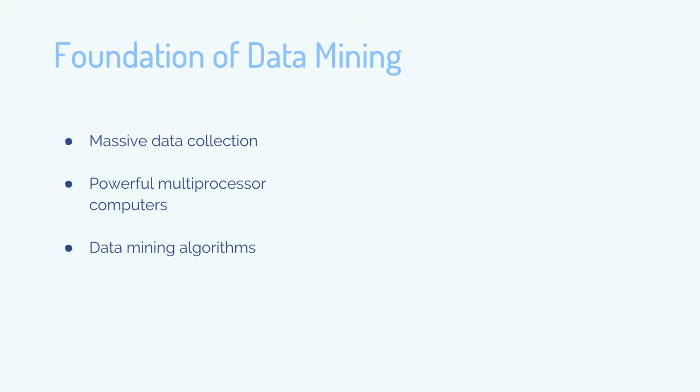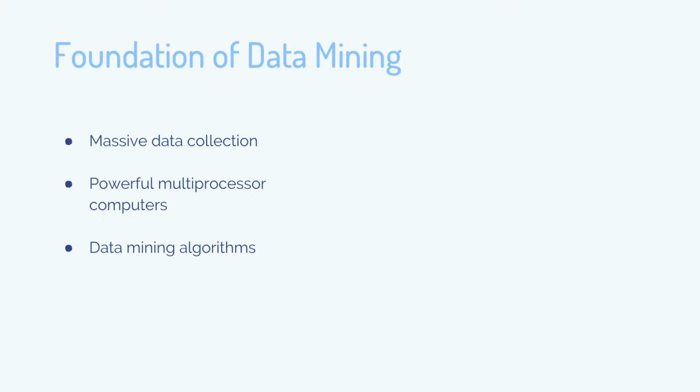Then the foundation of data mining. If you want to do some processing with data mining, we need a massive data collection and then powerful multiprocessor computers. That is important because we are working on a huge amount of data.